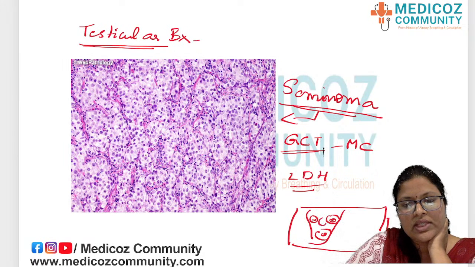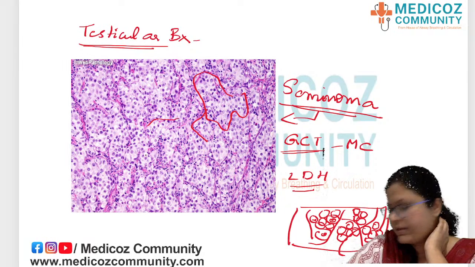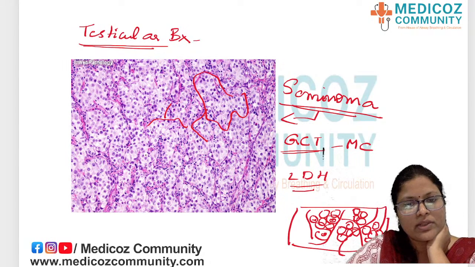All these prominent cells are arranged in lobules. So if you're seeing tumor in lobules, like this is a lobule, and these red things which I'm highlighting in red are the intrinsic blood vessels.